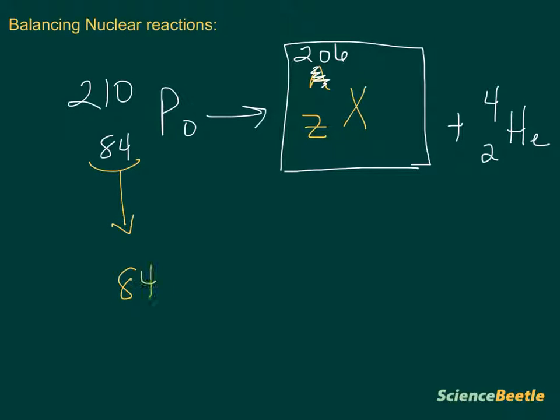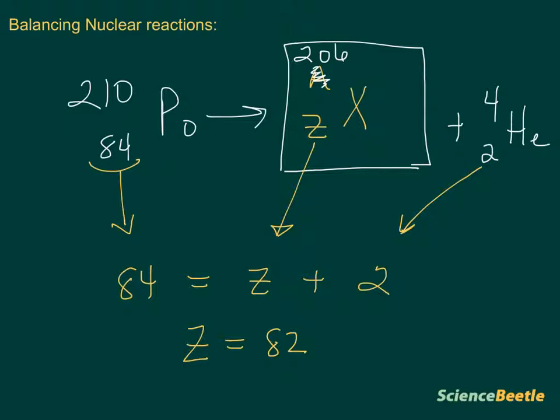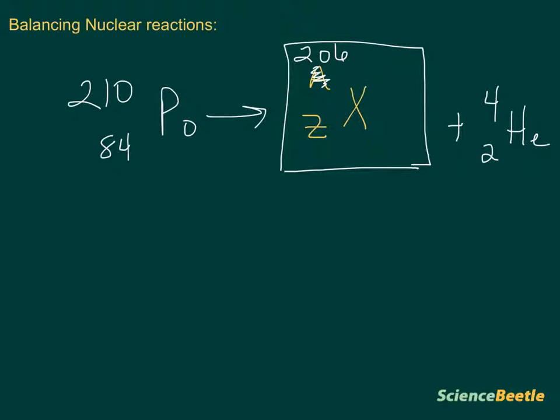That's 84 is equal to some Z number plus, bring down the 2. So we have to solve for this equation. Subtract 2 from both sides. The Z number here winds up being 82. So we'll go back in here, scratch out the information for Z, and put 82 in that spot there. We'll delete this, scratch this out, and this becomes 82.